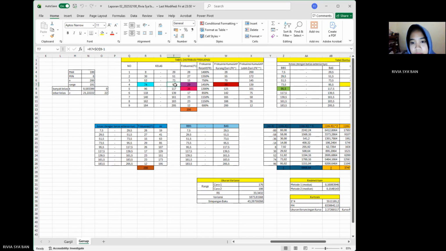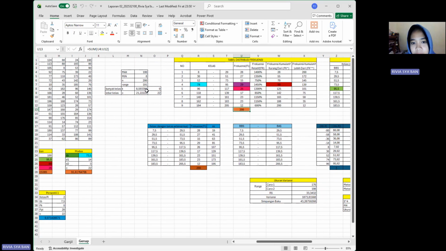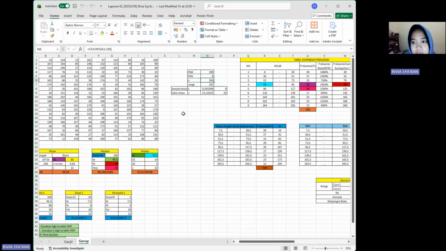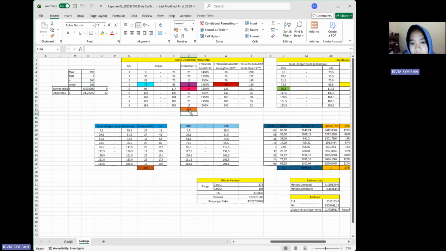The sum of the frequencies should be the same as n, the total data, so we find 200.